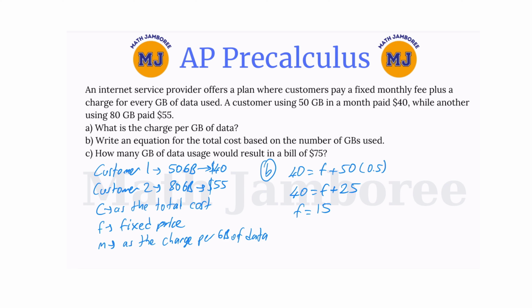So then to write an equation for total cost based on the number of gigabytes used, I'll just call it x, the number of gigabytes used. The total cost will be the fixed price of 15 plus the per usage charge of $0.50 times x.